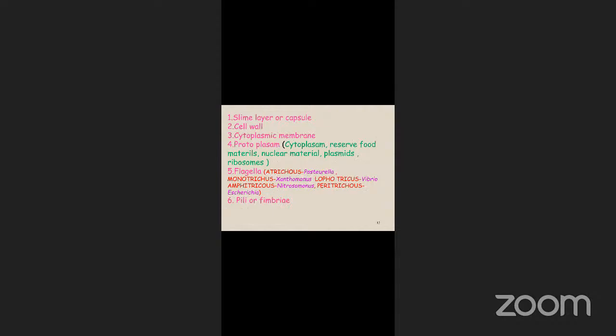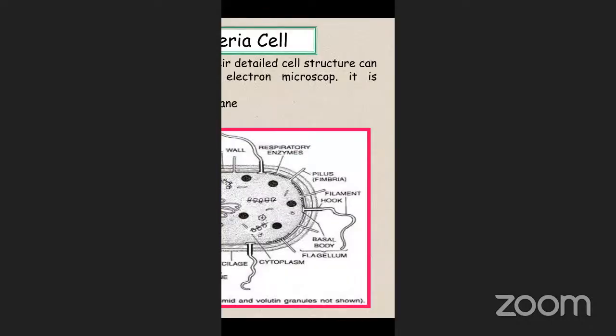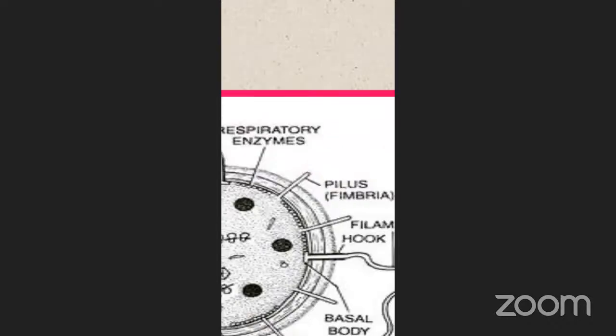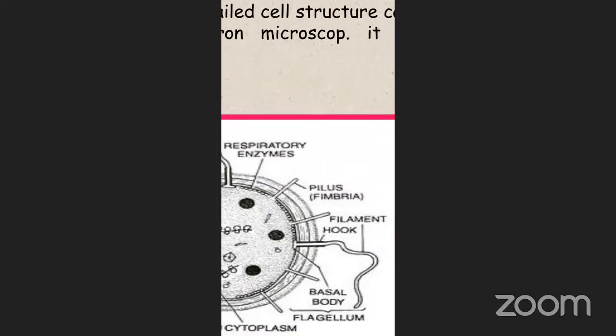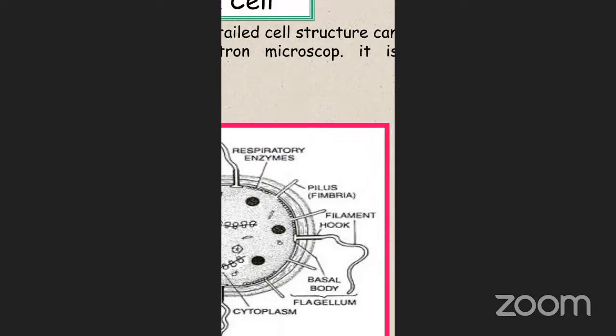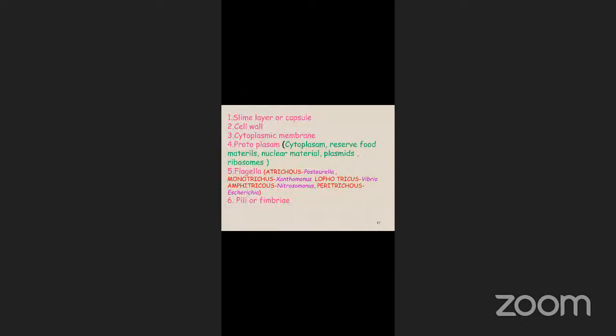On the right side, in the corner, above the filament, you see the pili, fimbriae in brackets. These are very important, the ultrastructure of the bacterial cell.